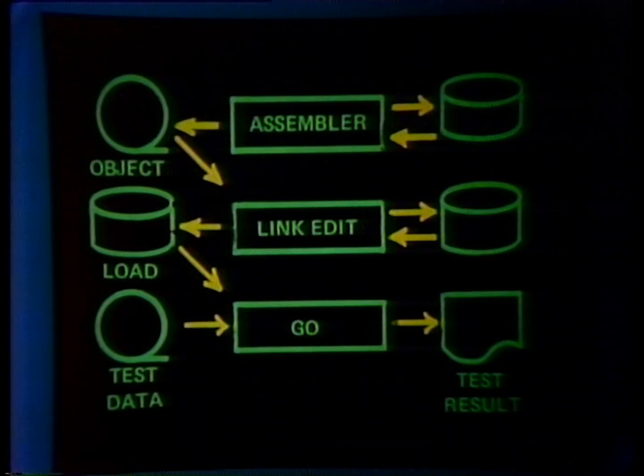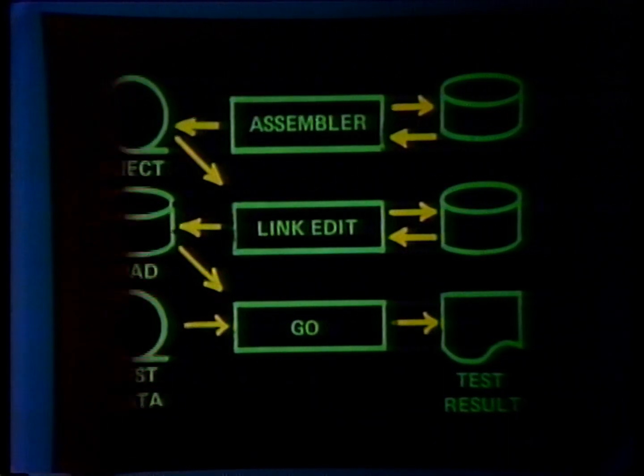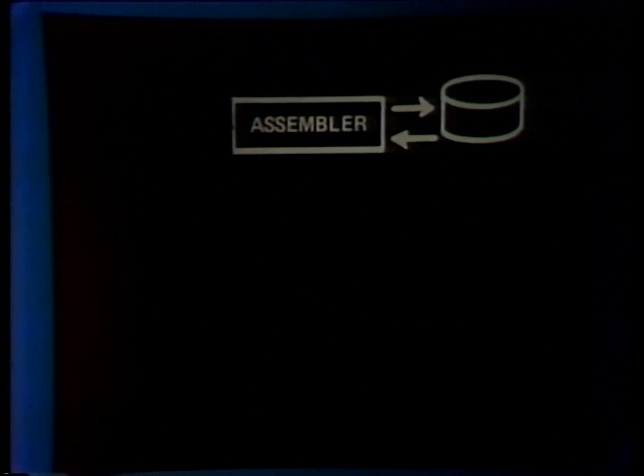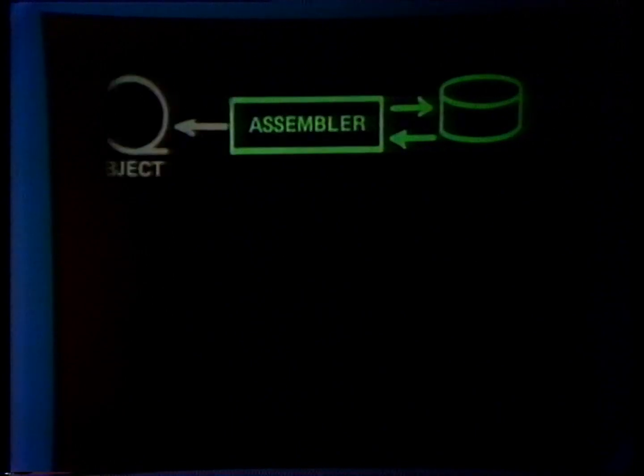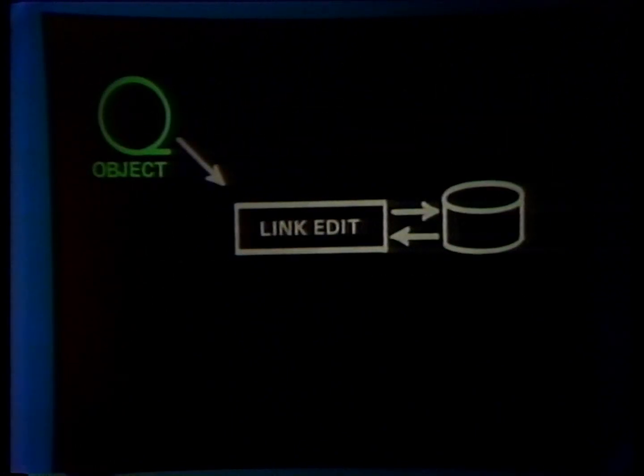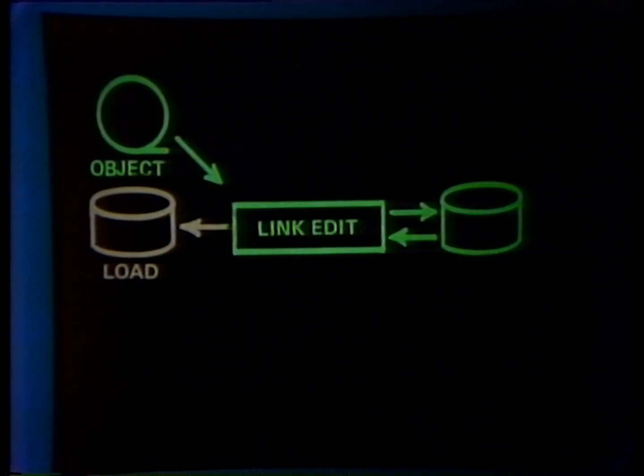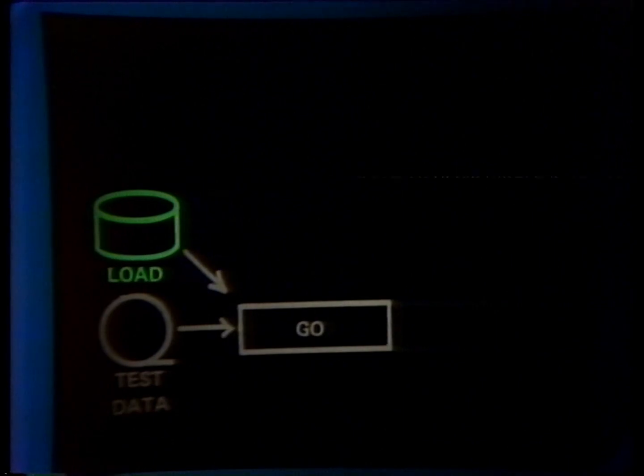Let's view that process one more time. The assembler processes source language statements to produce the object module, which is used to produce the load module, which is then executed in the go step.